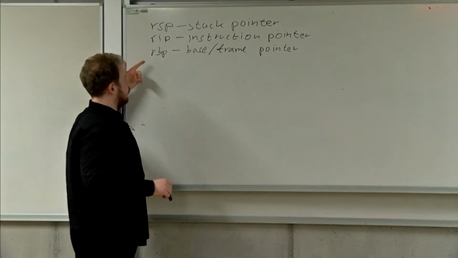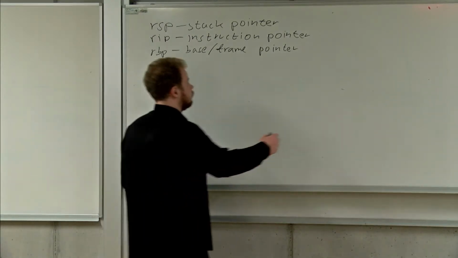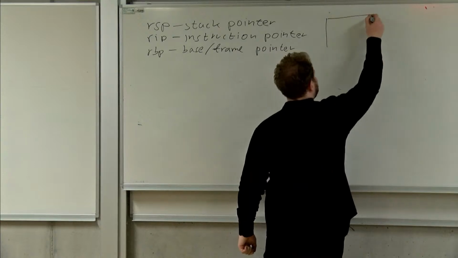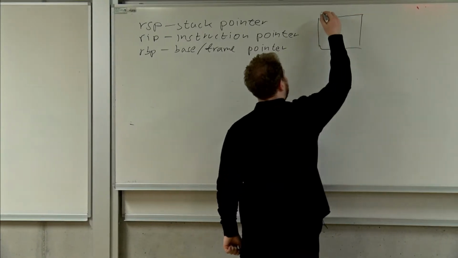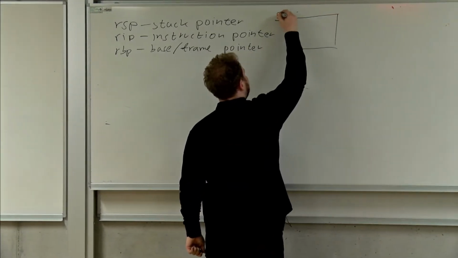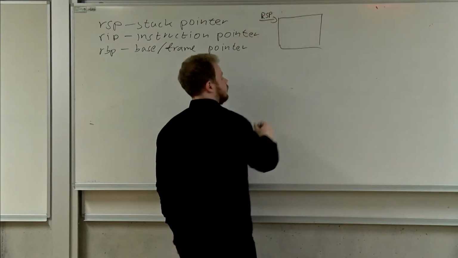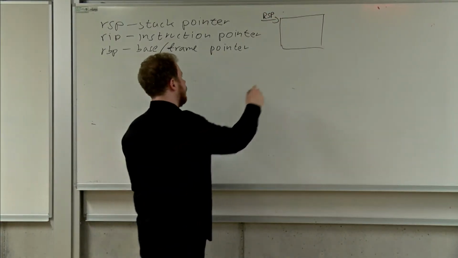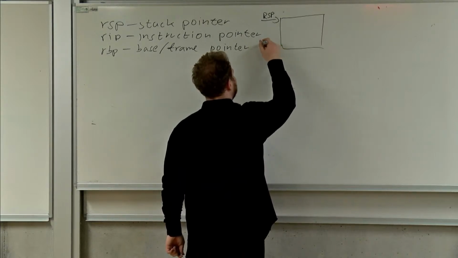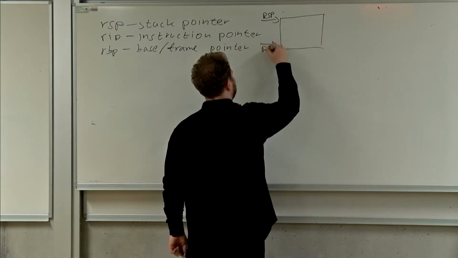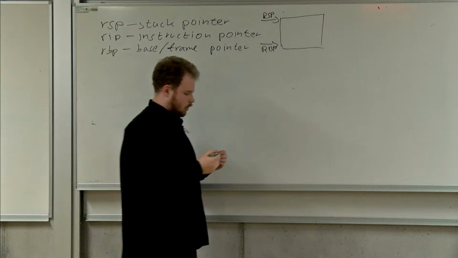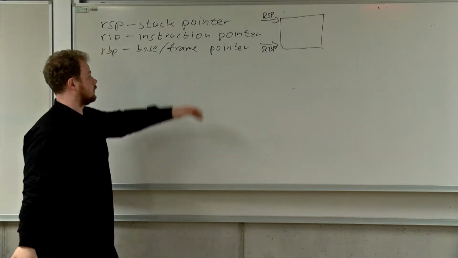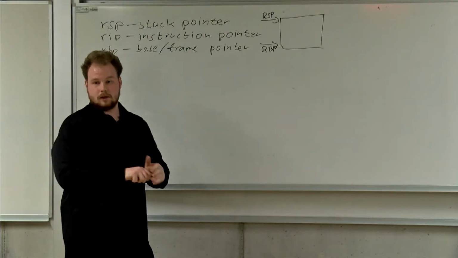And it always points, so if this is our stack, looks like this, we have RSP always pointing at the top, and then we have RBP that's also always pointing on the stack, but it's always a little bit lower than the RSP.